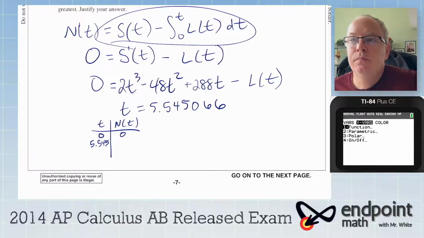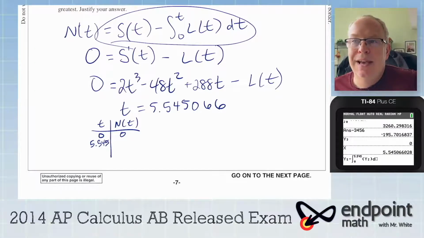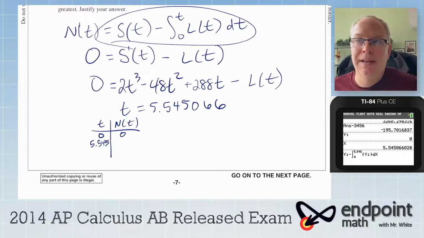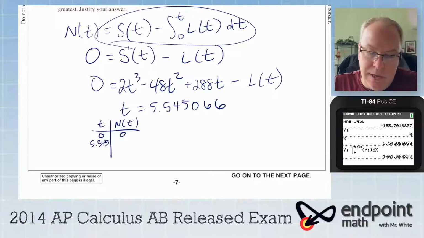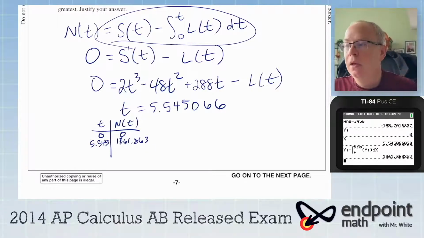Variable 1 and then 2. There it is. dx. All right, this should be how many people are in the building after 5.545. This is 1361.863.